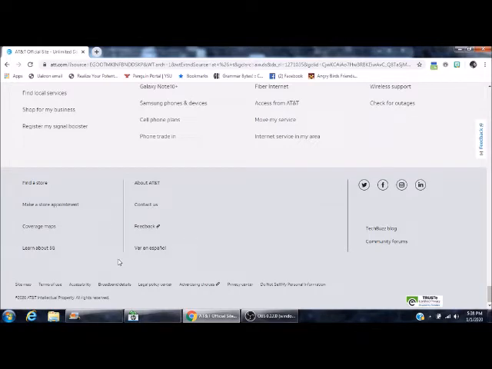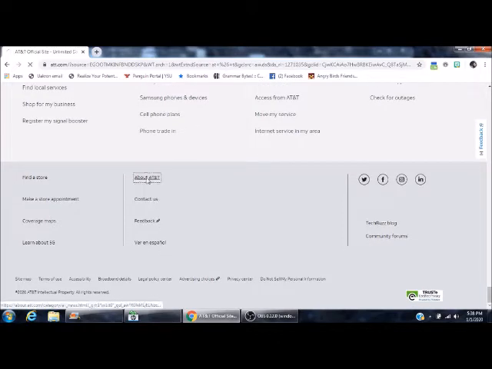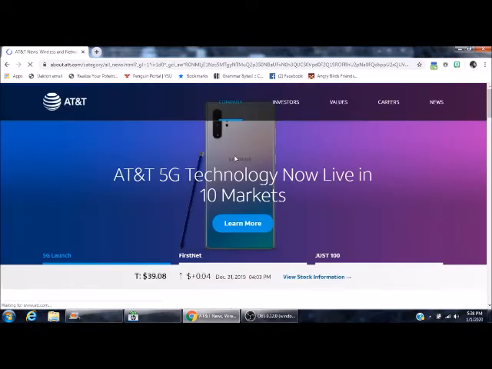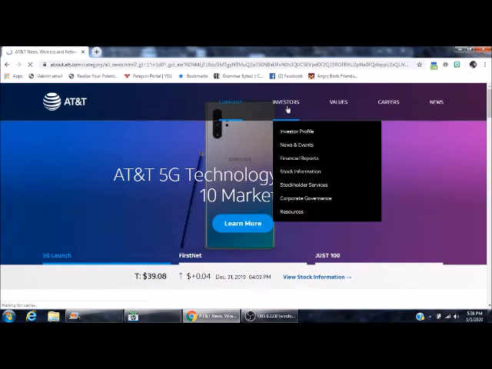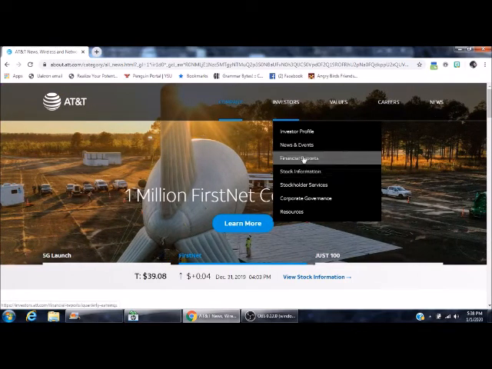Let's try about AT&T. And here we go. Investors. Investor profile, news and events, financial reports, stock information, and so on.